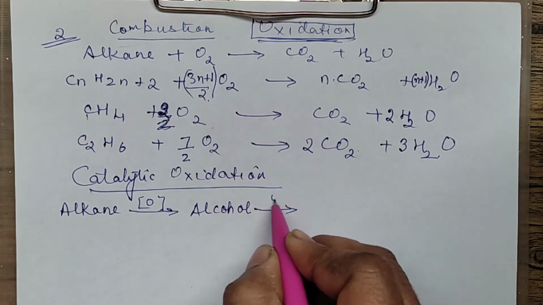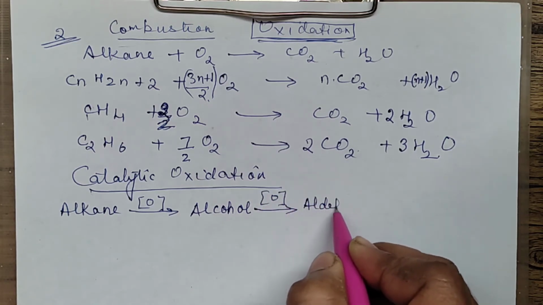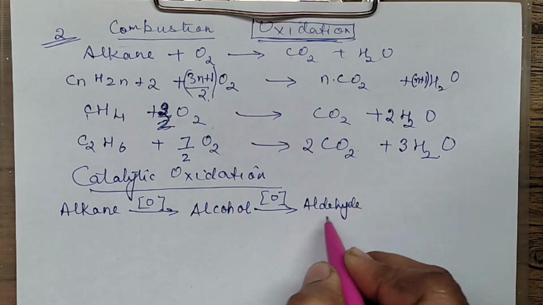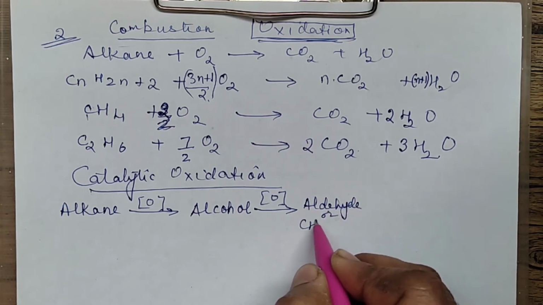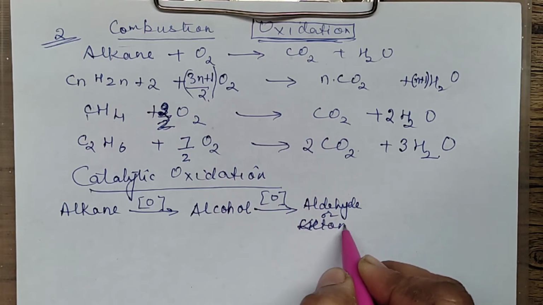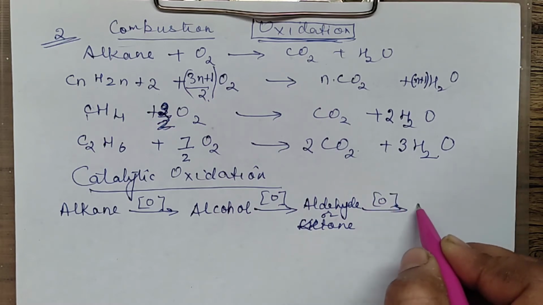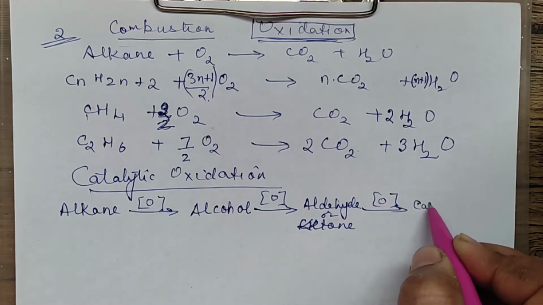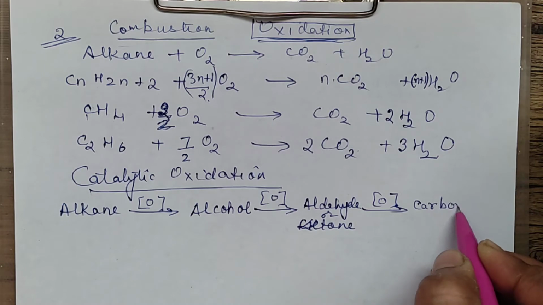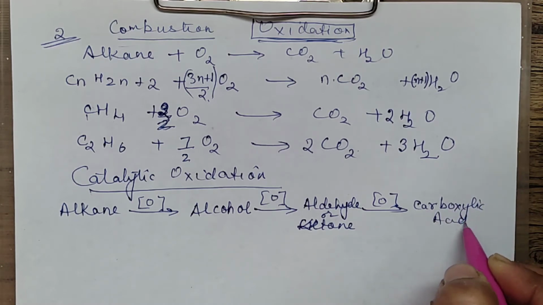Alcohol further will get oxidized and result in the formation of aldehyde or ketone, depending upon what alkane we took. This further can undergo oxidation and results in the formation of carboxylic acid. This is the complete sequence.